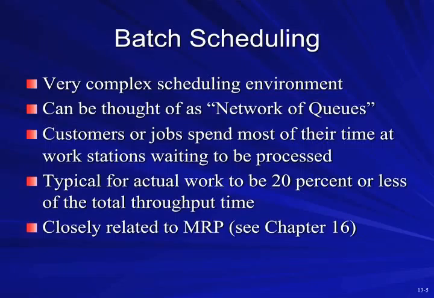What it does is make the scheduling environment more complex, with a lot of what we call queue times figured in there because of the start and stop. And you do have a lot of waiting time in the process for work waiting to be moved to the next stage or station.